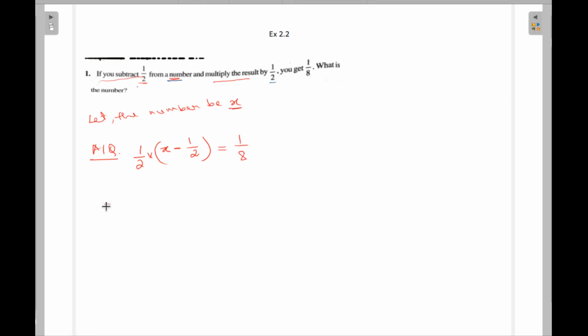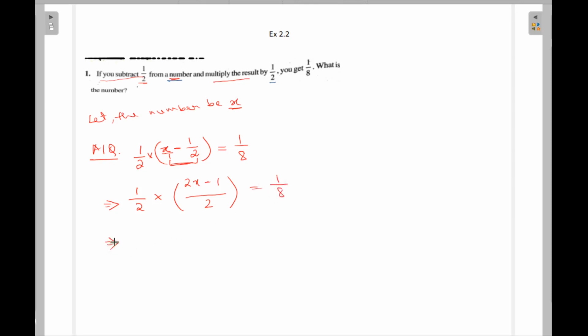Now let us start the calculation. So half multiplied by x minus half. Let us do the bracket portion first. Here x can be written as x by 1. The LCM of 1 and 2 will be 2 only. Then it will become twice x minus 1, by 2, equals 1 by 8.